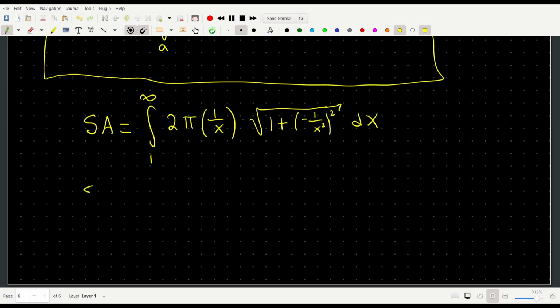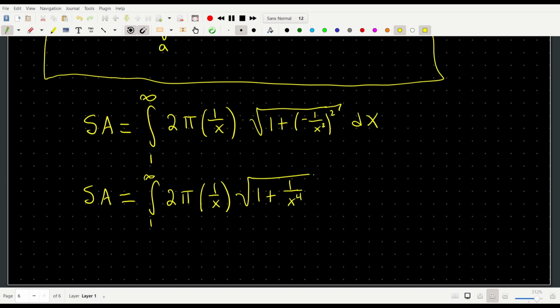So the improper integral that we have to evaluate is the integral from 1 to infinity of 2 times pi times 1 over x times the square root of 1 plus 1 over x to the 4th. And this is an admittedly very complicated integral to evaluate. We don't want to directly try to evaluate this by hand, even though you could try and do that.